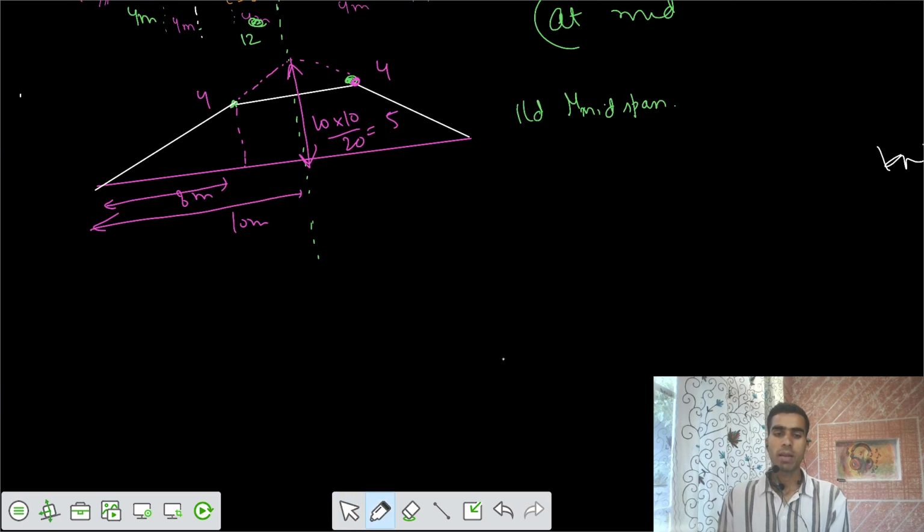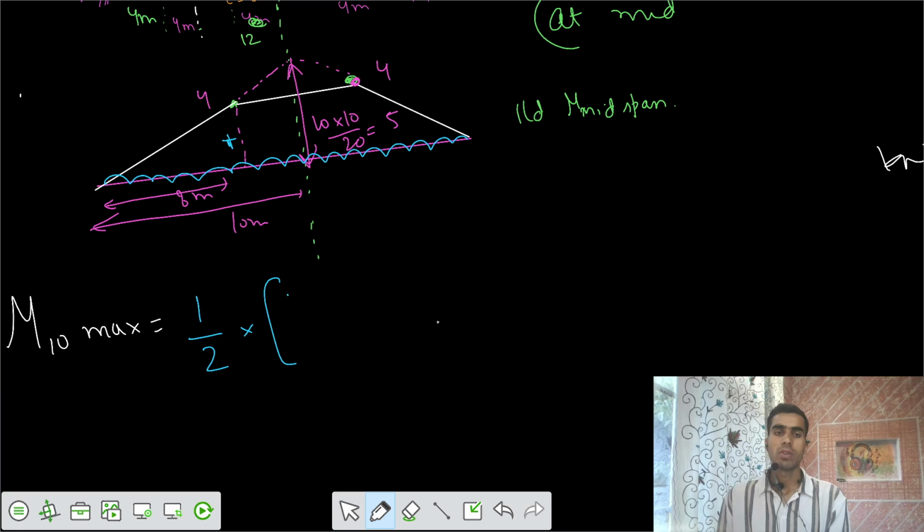Now I want the bending moment to be maximum at 10 meter. How can I place the live load? I would place the live load for the entire length, because we have a diagram that's entirely positive. So I would place the load for the entire diagram. The area under the curve is 1 by 2 times the sum of parallel sides. What is this length?